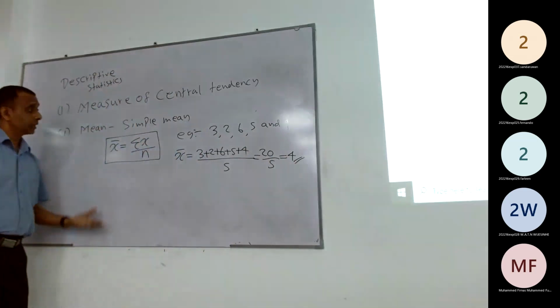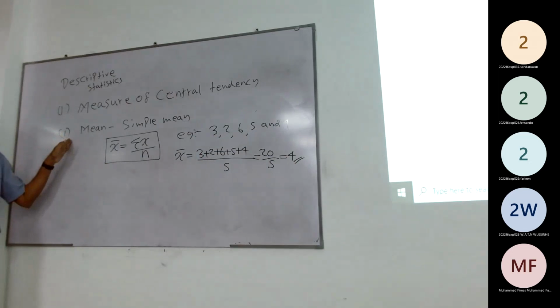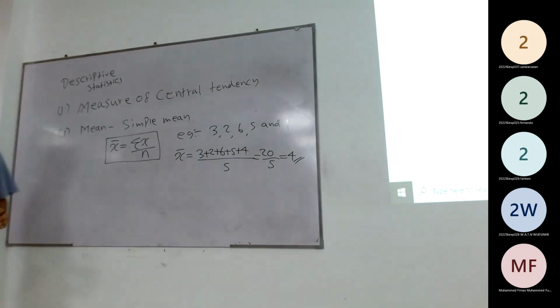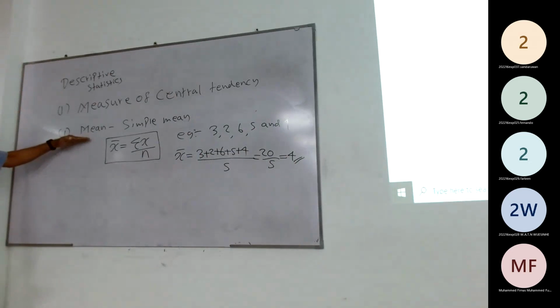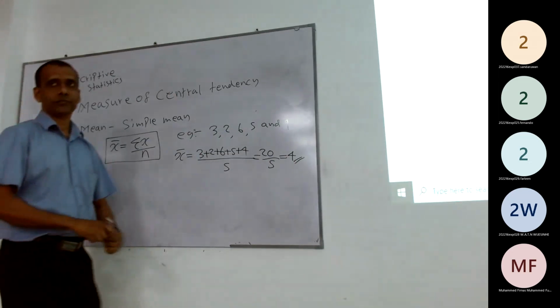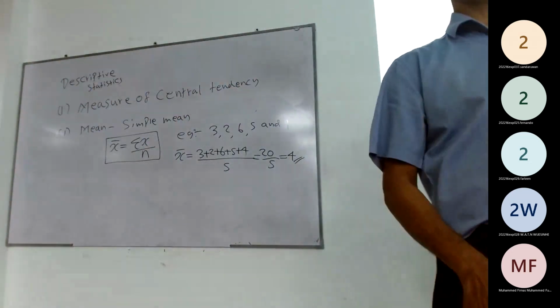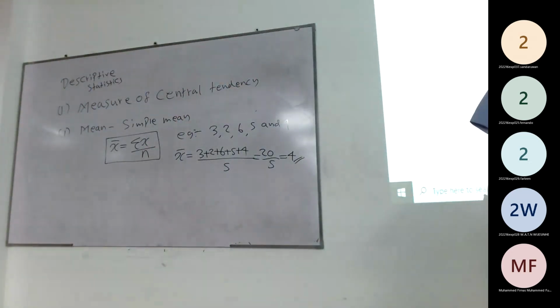Right, how can we calculate it in a group frequency distribution? Under that, simple mean in a group frequency distribution.